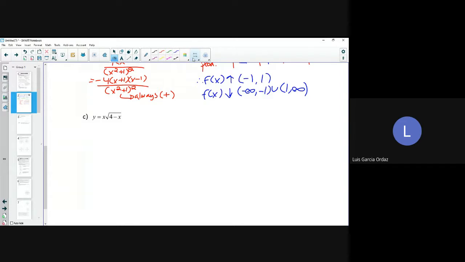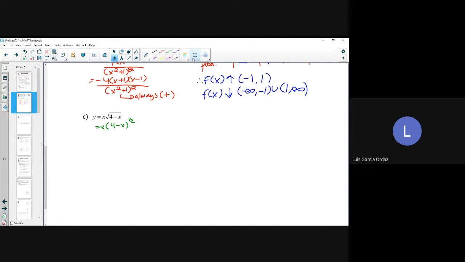So let's change this to x times 4 minus x to the 1 half. Okay, so now I have to do my power of a function, but it's easy because our derivative from the inside is just 1, or negative 1, sorry.